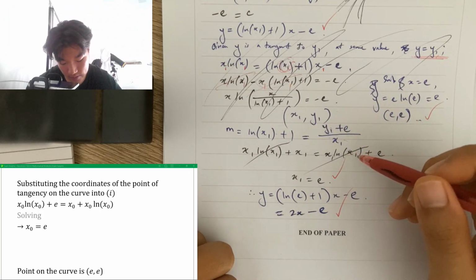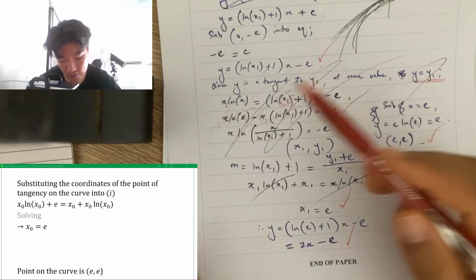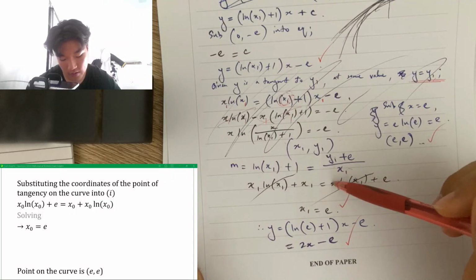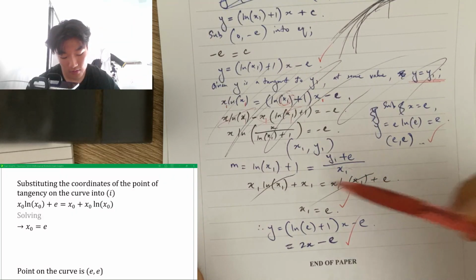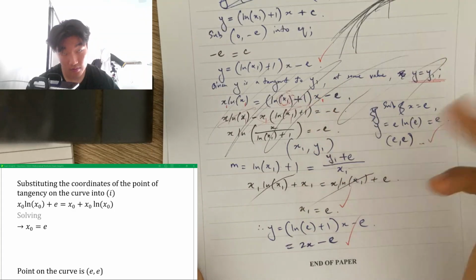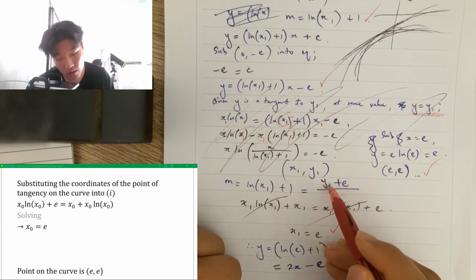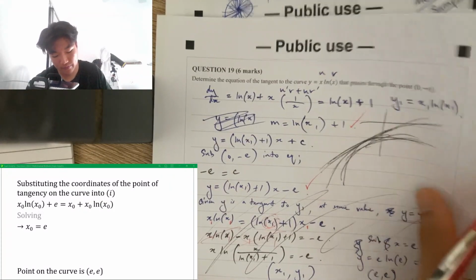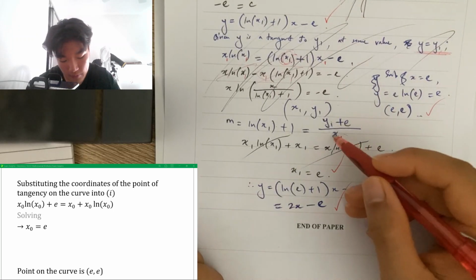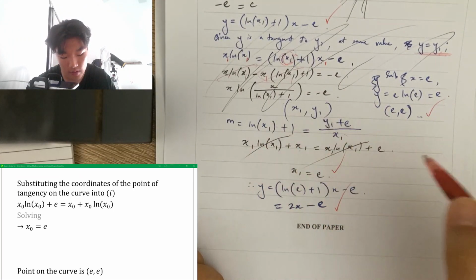In this case, for some reason, I realized that, oh, you can actually sub in x1 ln of x1. So this is basically the same outcome as this. For y1, I subbed in this. And then I multiplied by x1 on both sides, and that's why there's x1 for both terms.